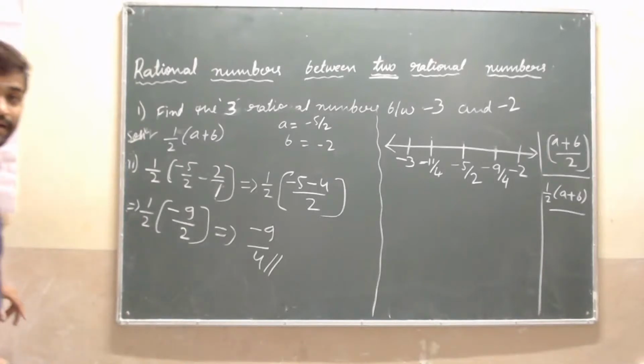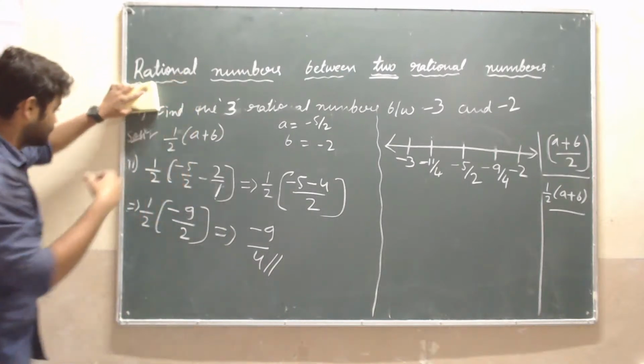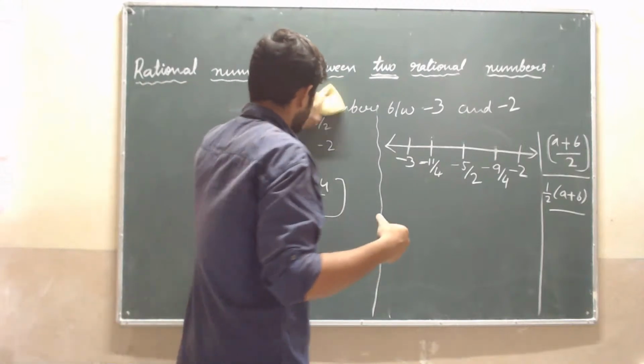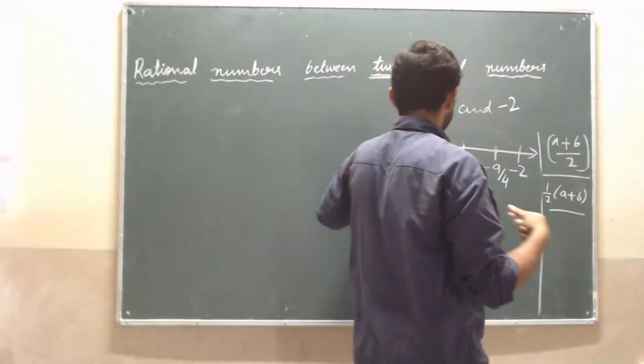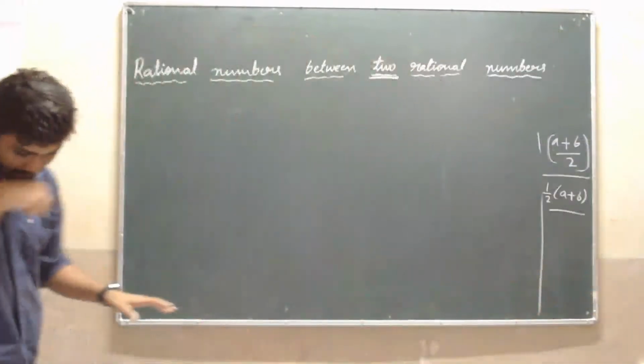So I will take one more example. It is a different question, that is, write any 5 rational numbers greater than minus 2. Okay, that is not related to this one, but it is an exercise problem.